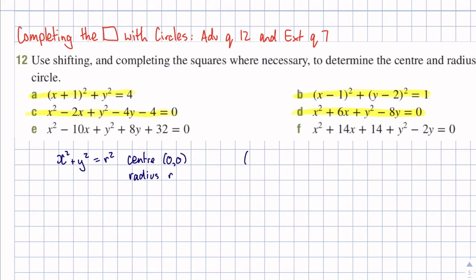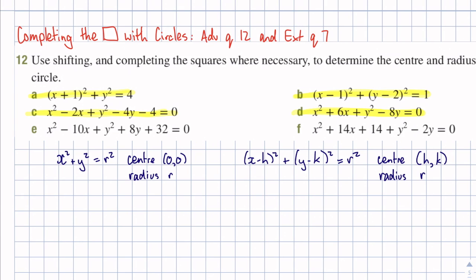If I have (x minus h) squared plus (y minus k) squared equals r squared, that has been moved right h and up k, so the center is (h, k) and the radius is still r.